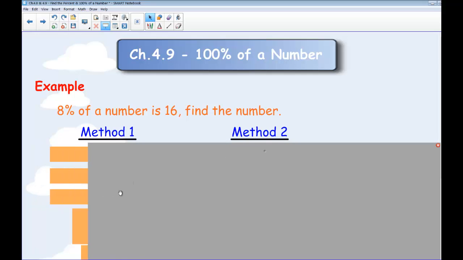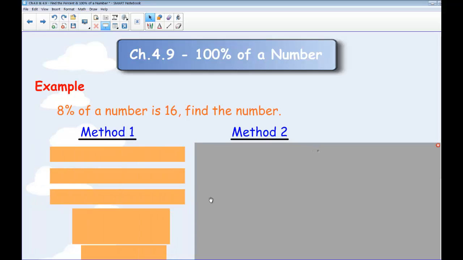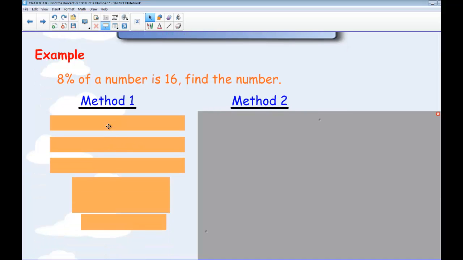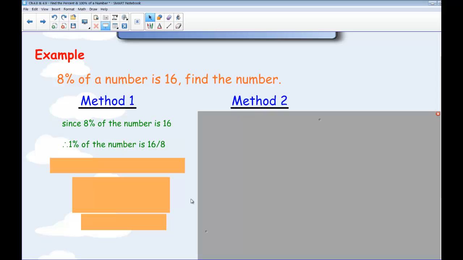So we've got two different methods of helping you solve this question. In the first method, think like this. Since 8% of the number is 16, based on what it says in the question, then 1% must be 16 divided by 8, because if we take 8%, divide that by 8, we get 1%.